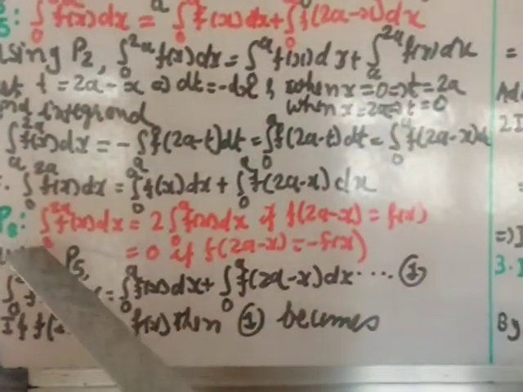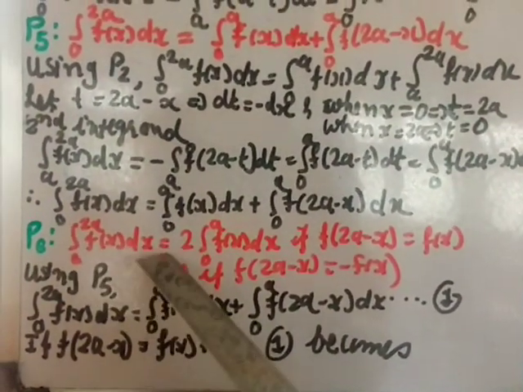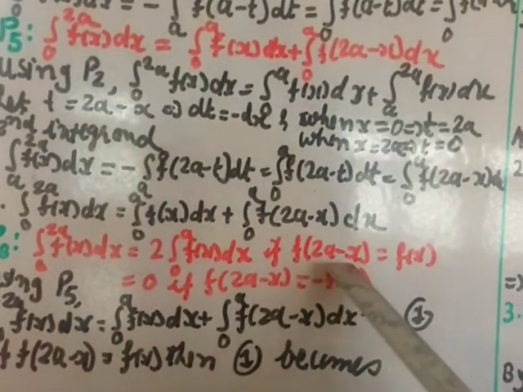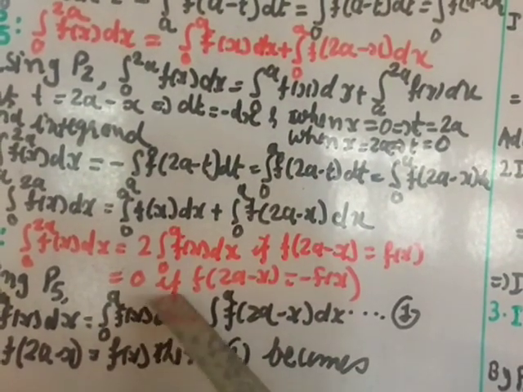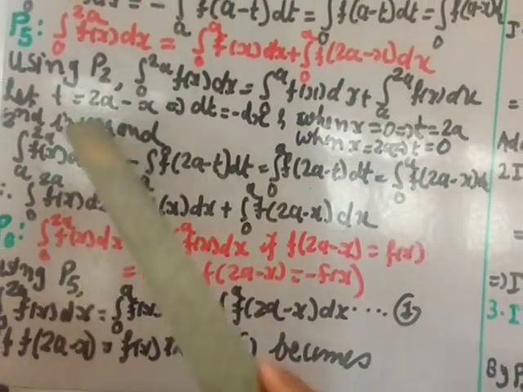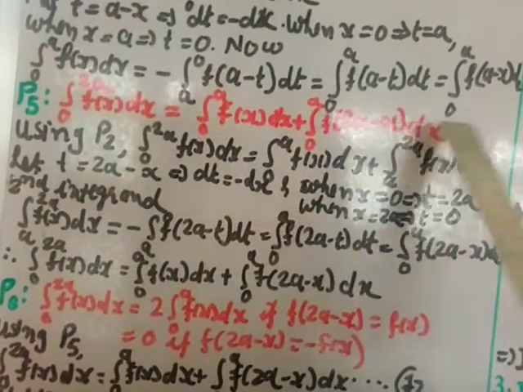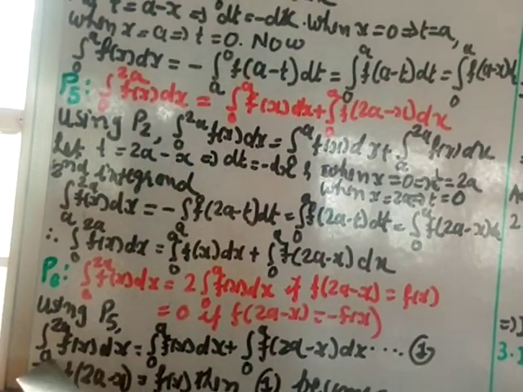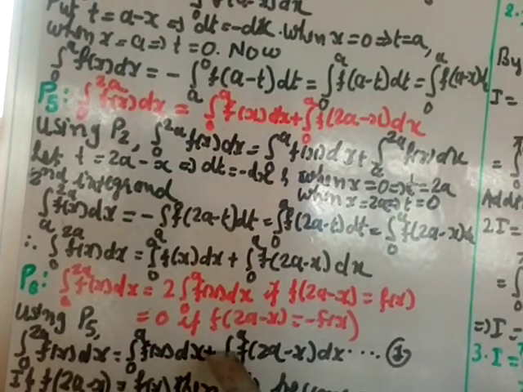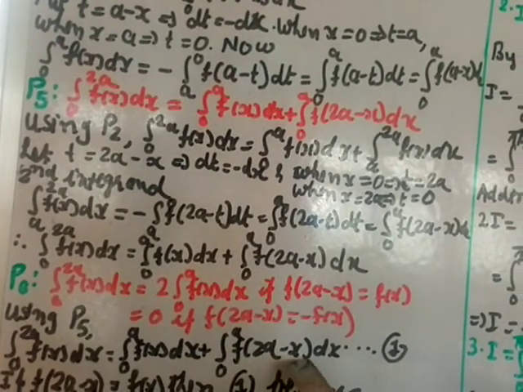Property P6, integral 0 to 2a fx dx is equal to 2 times integral 0 to a fx dx if f of 2a minus x equals fx, and 0 if f of 2a minus x equals minus fx. Now using property 5, that is this one, we will use this property. Integral 0 to 2a fx dx is equal to integral 0 to a fx dx plus integral 0 to a f of 2a minus x dx.